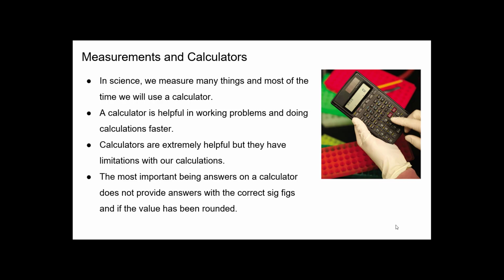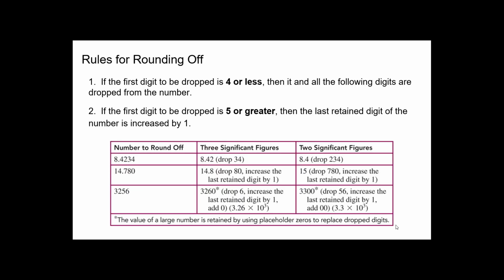You will still have to follow sig figs, you'll still have to follow rounding rules, and one of the limitations of calculators is that they don't always provide you with the correct number of digits. For instance, you may plug something in and get a one digit answer back when the problem you're working on is actually 3 sig figs. So we need to cover the limitations of a calculator.